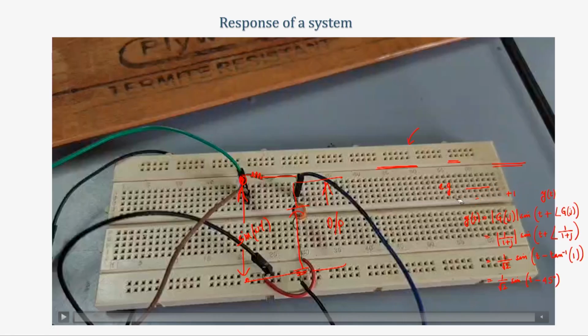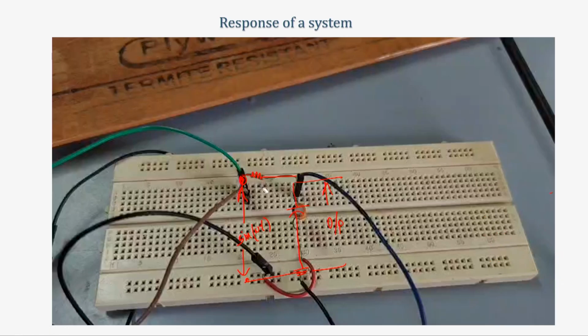So, let me just get rid of this part. Yes. So, you can see again you have this resistor, you have this capacitor which is grounded, and then we are giving a sinusoidal input here, sin omega t, like this.